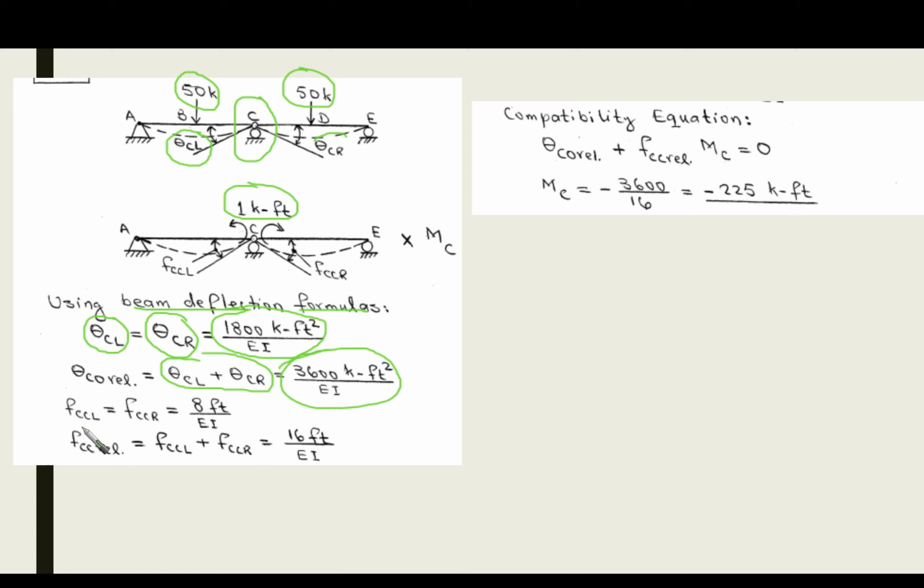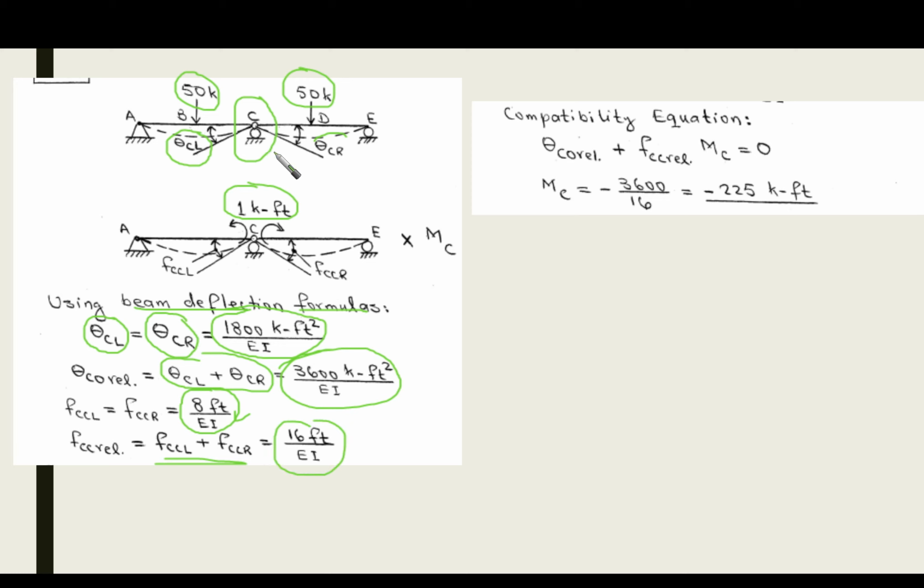And for the flexibility, FCCL and FCCR, this is the flexibility due to the application of unit load. You're going to find it equal to 8 feet over EI. Please check it again, and they are going to be the same from the left and right. Then we have 16.